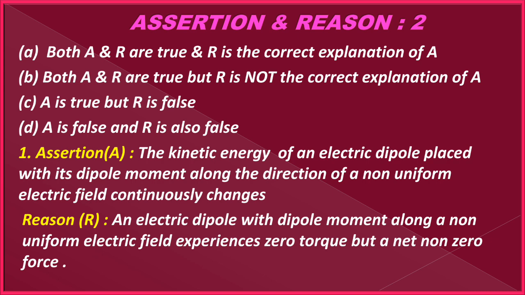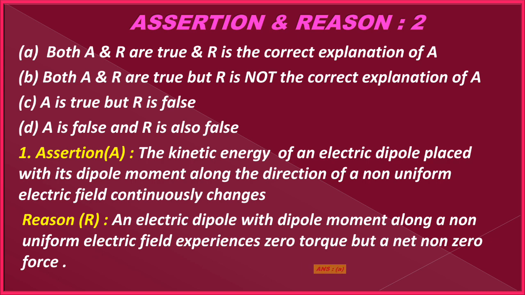The kinetic energy of an electric dipole placed with its dipole moment along the direction of a non-uniform electric field continuously changes, and the reason is given as an electric dipole with dipole moment along a non-uniform electric field experiences zero torque but a net non-zero force. So first of all you decide what about the assertion, is it right or wrong, and then you find the reason.